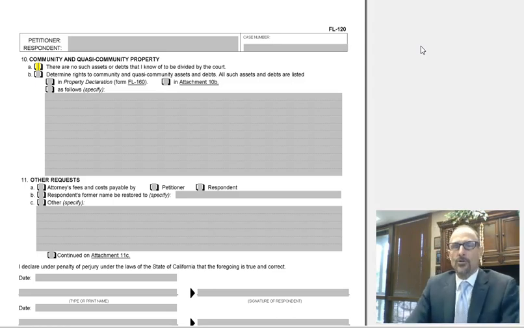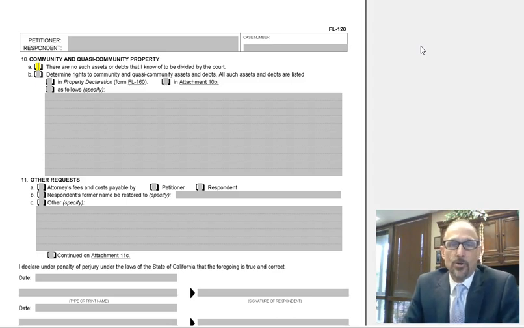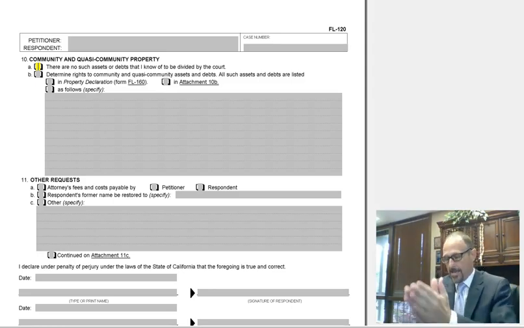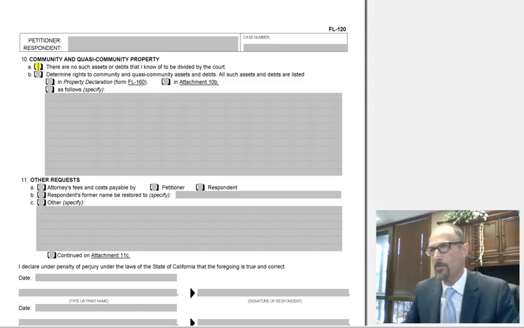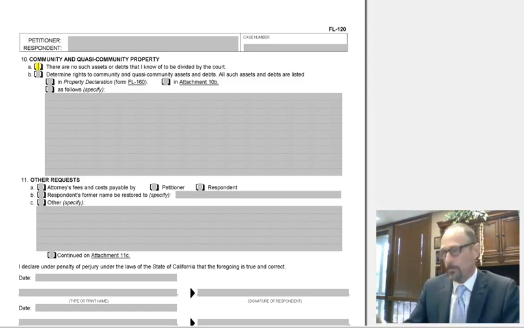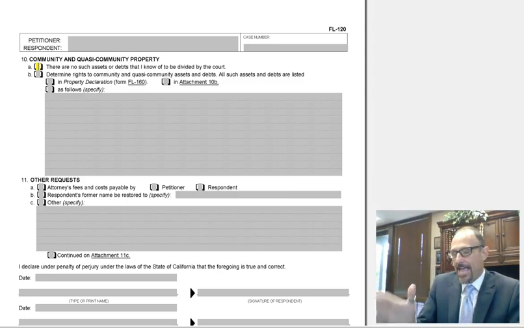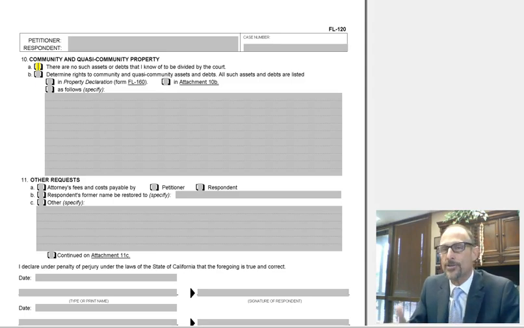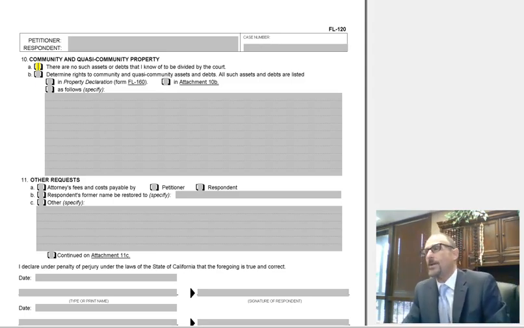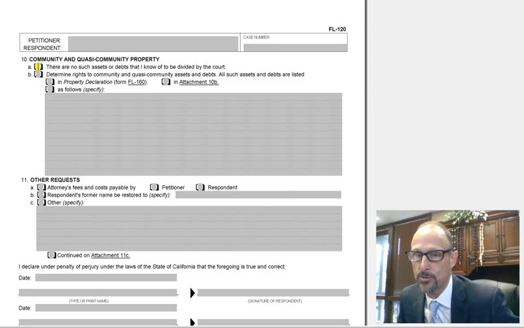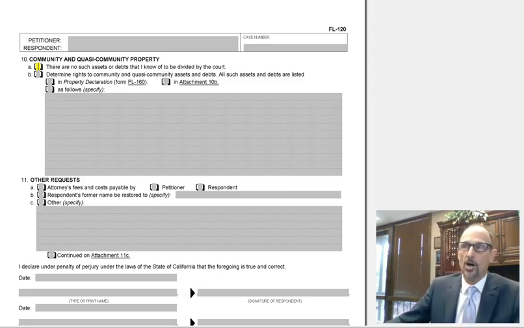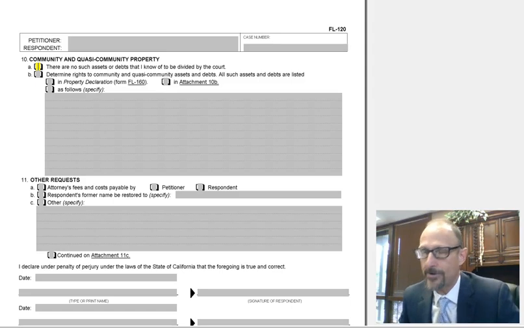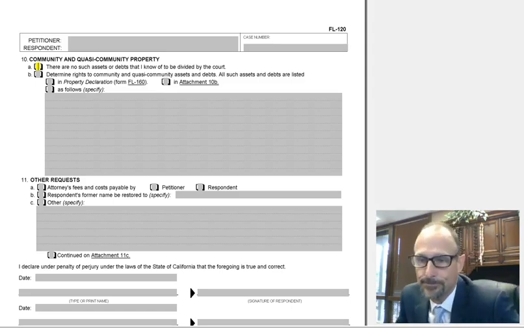All right. So again, if you were married for more than a few months, it is highly unlikely that you have no community property. Community property is presumed to be anything that was earned or acquired during your marriage. So from the date you got married to the date of that separation, you put on the front page, anything that you acquired is presumed to be community property.